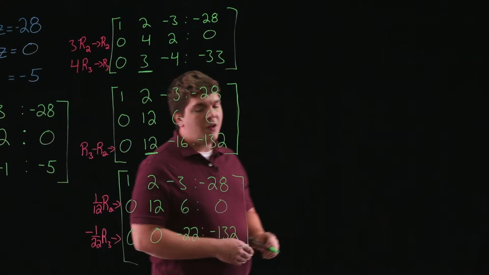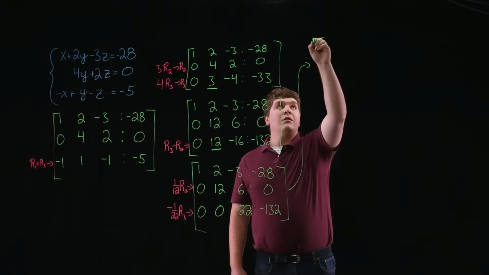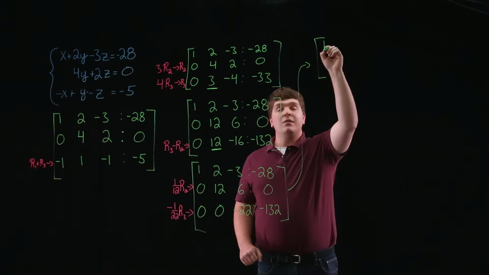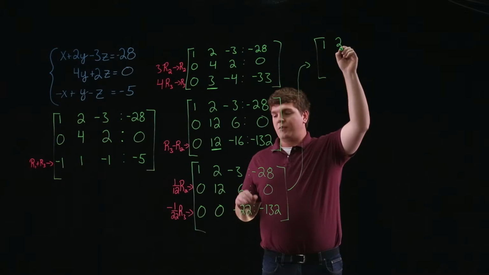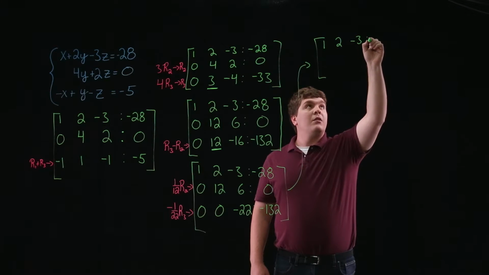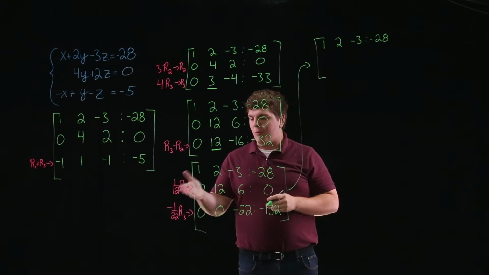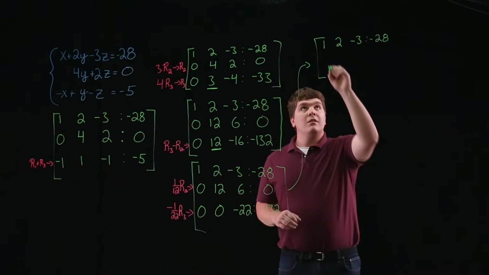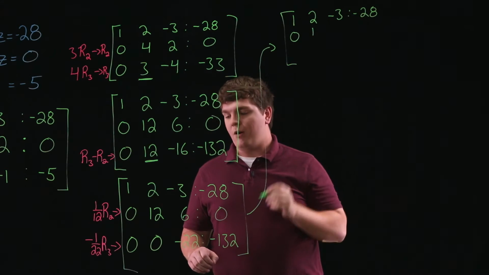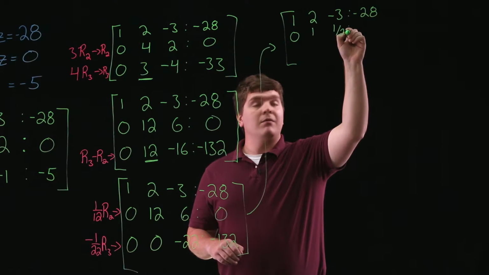Now in doing so, what we're left with is the matrix where the first row remains the same: 1, 2, -3, -28. The second row, we're multiplying by 1/12. So our first entry is 0. 12 divided by 12 is 1. 6 divided by 12 is 1/2.